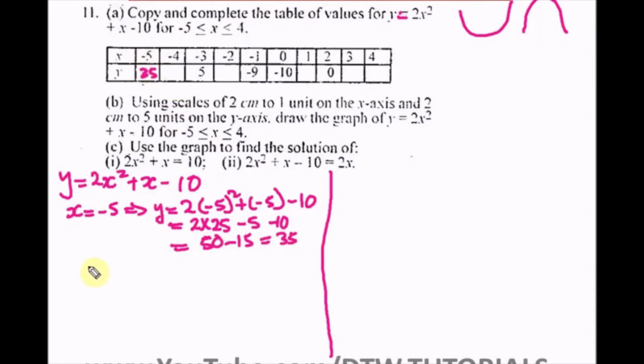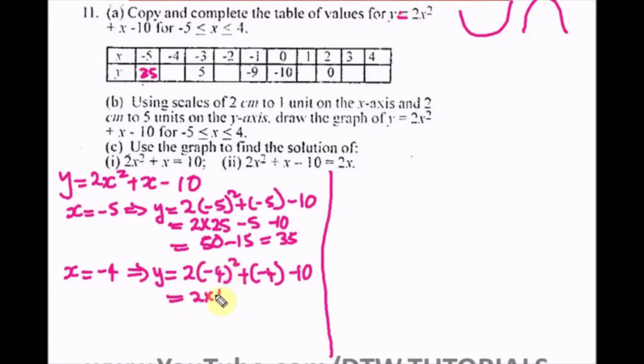So what's the next value? x is equal to minus 4. So we put in our value of minus 4, so we have 2 bracket minus 4 squared plus bracket minus 4, then minus 10. We have 2 times minus 4 squared, which will give us 16.